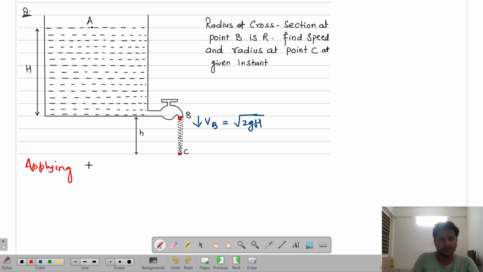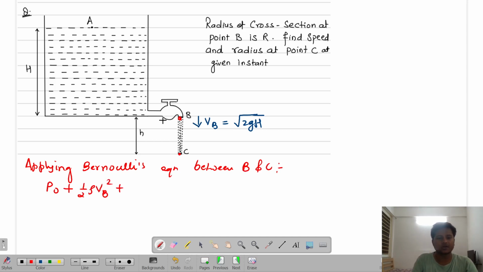Okay. So applying Bernoulli's equation between B and C. So B पे प्रेशर है P naught plus half rho V of B square, और इसी को मैंने मान लिया C को मान लिया मैंने रेफरेंस पॉइंट. ओके.